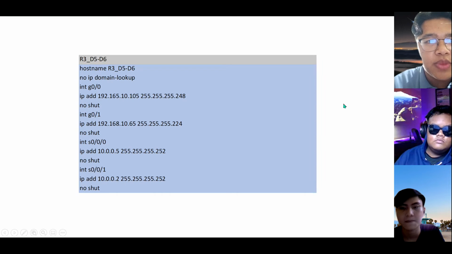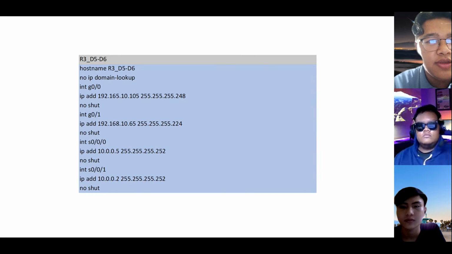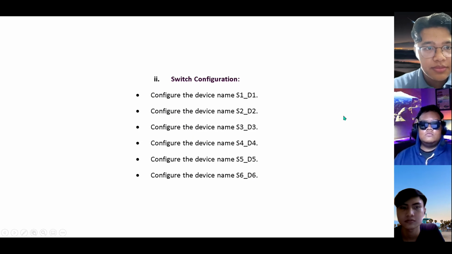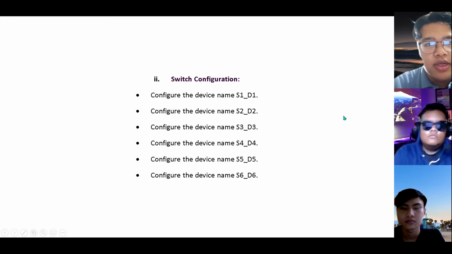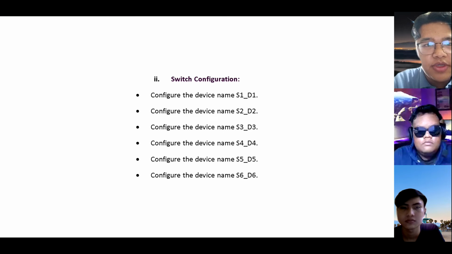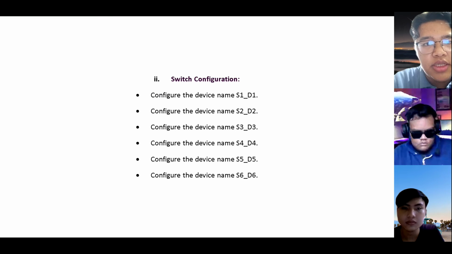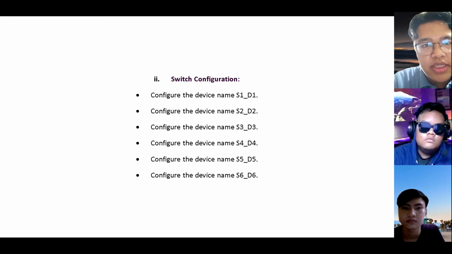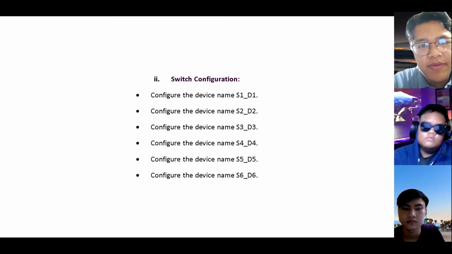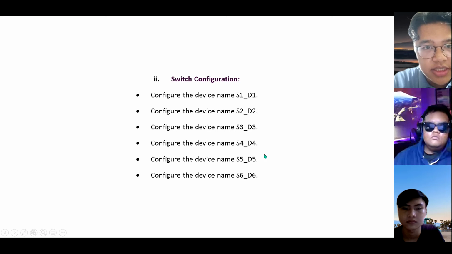Also, no shut all the interfaces. Okay, next. Okay, second is to switch configuration. We need to configure the device name S1, D1, S2, D2, S3, D3, S4, D4, S5, D5, and lastly S6, D6.